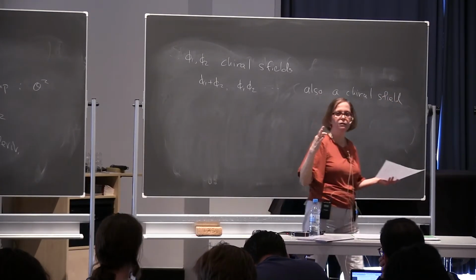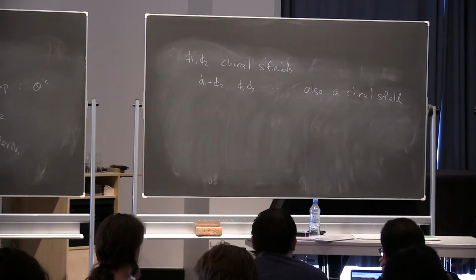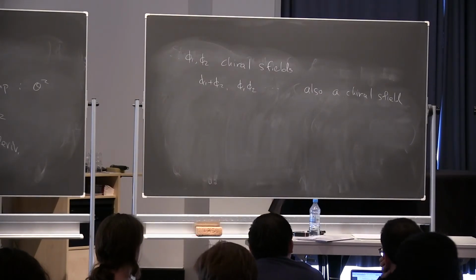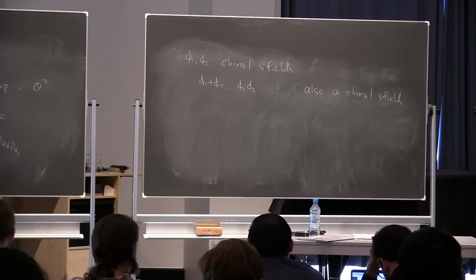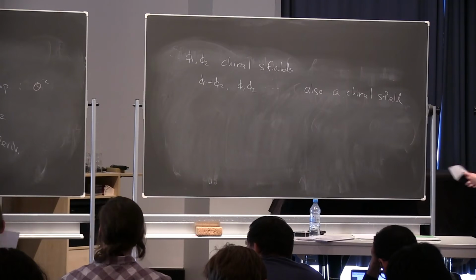So any function of this type, if we write it down in components, its highest component is going to be something that we call some f, and the SUSY transformation of that f is a total derivative.